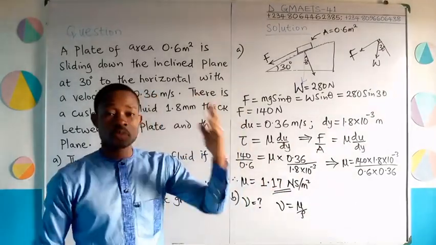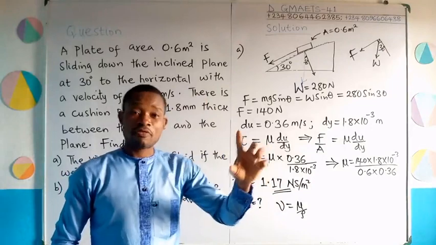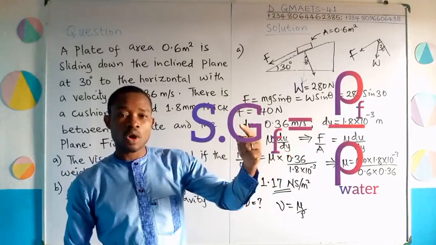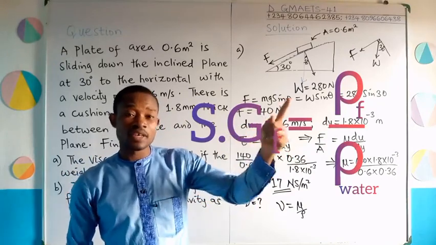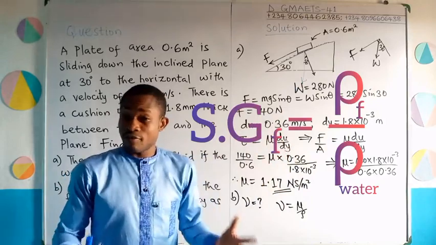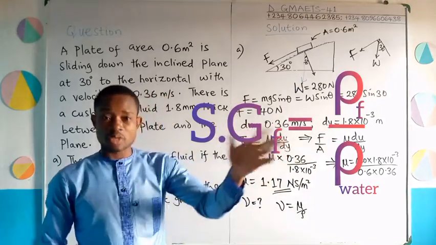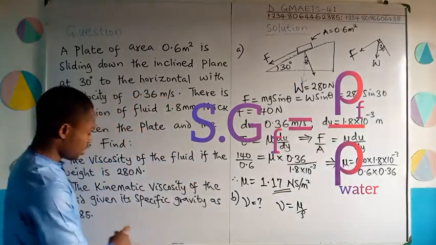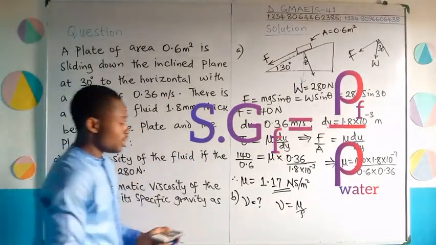Actually, the formula is specific gravity of any fluid, SGF, equal to the density of that fluid divided by the density of water. And the density of water is 1000, like I said. So if you cross multiply, you're going to get the density of the fluid to be 1000 times the specific gravity given, which is 0.8. So we're going to do that here.